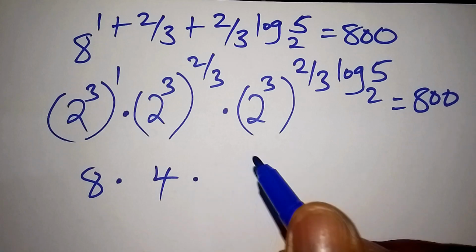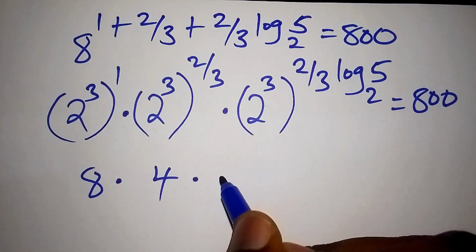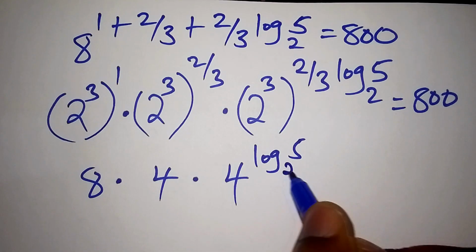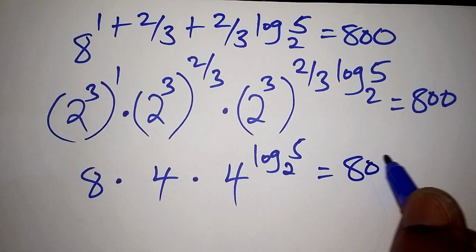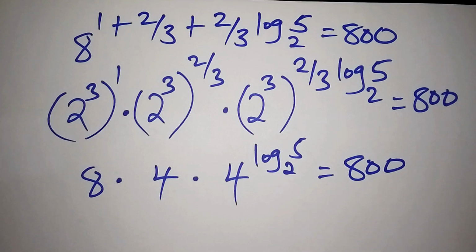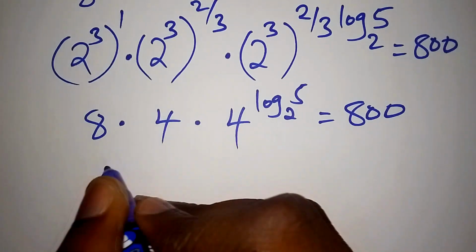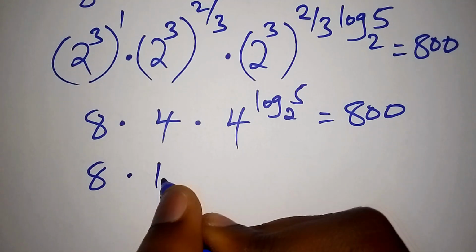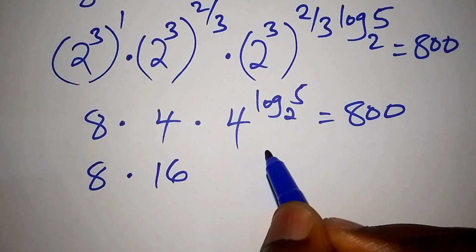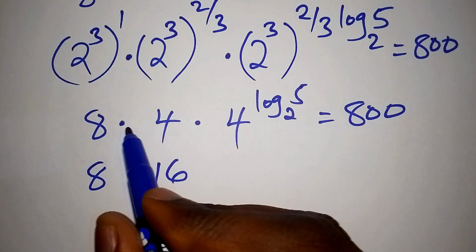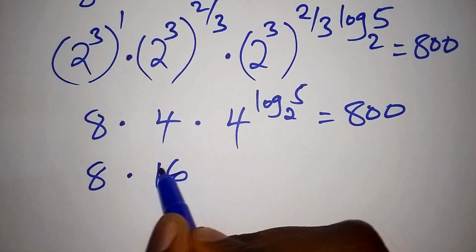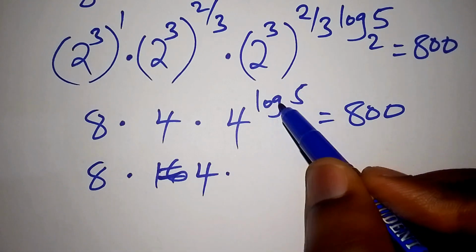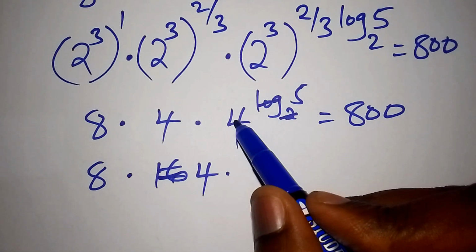Multiply by, so all of this is 4, so we have 4 to the log of 5 to the base of 2 equals 800. Next, we have 8 multiplied by 4, not 16. Then also, the log to the base of 2 cancels with this 2.